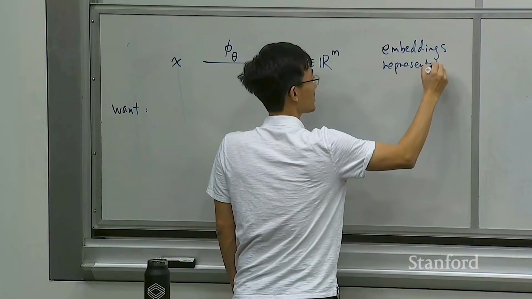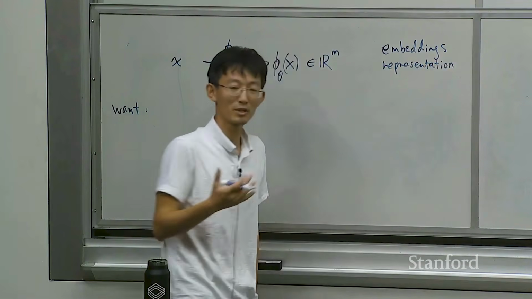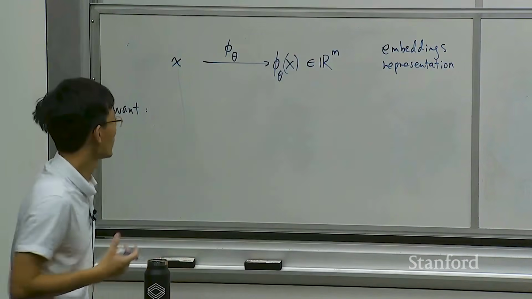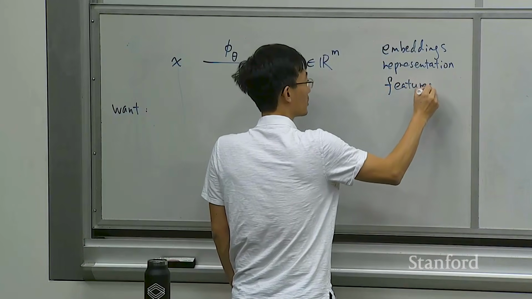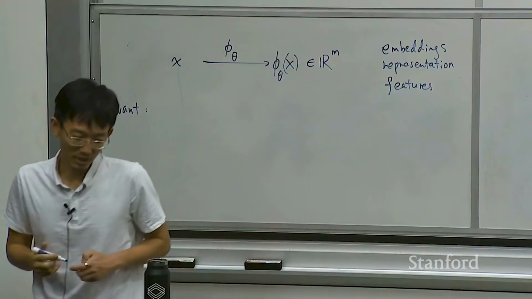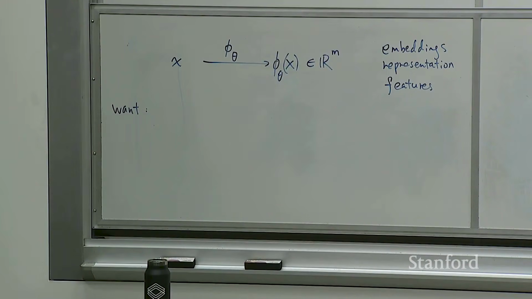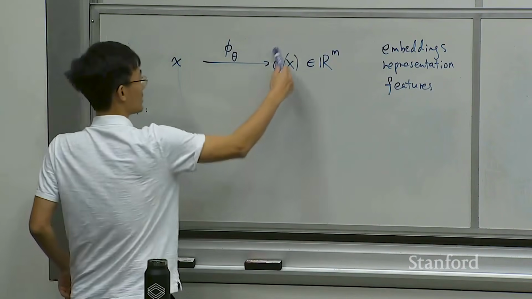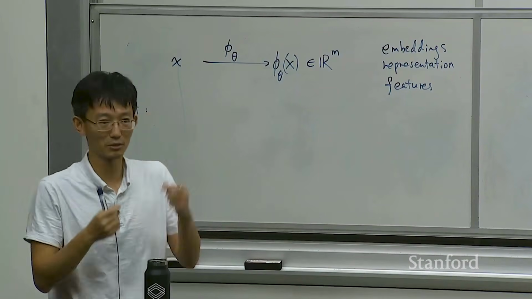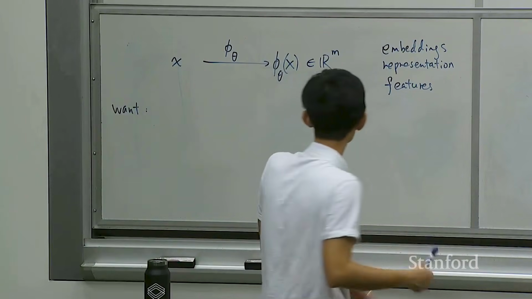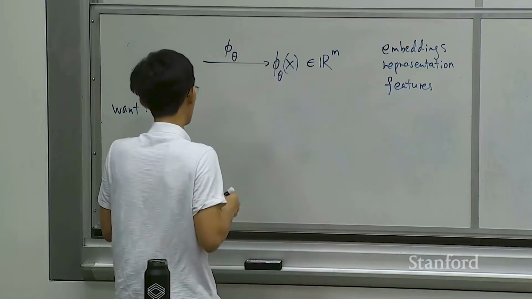I think probably because representation is too generic, people often use embeddings. And sometimes people just call these features. I think we will just use the word embeddings, which is the most common word right now. So this is the embedding of this image into the Euclidean space. Basically you embed the image into Euclidean space, so it's a point in the Euclidean space.